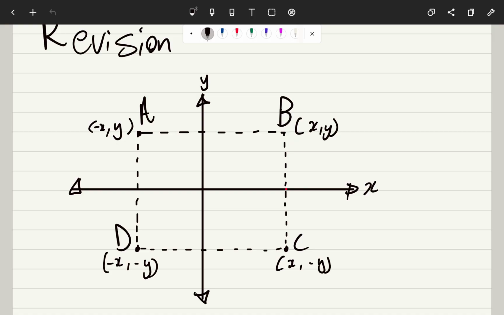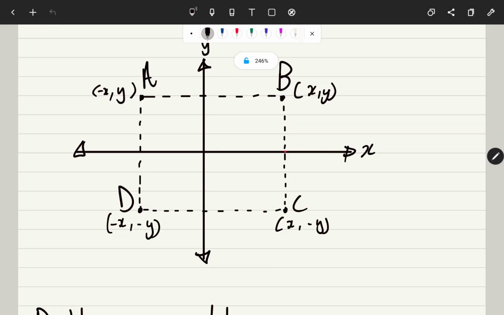So for an example, point B. Yep, we have a point there, point B, and right here this is our angle theta, in this direction.